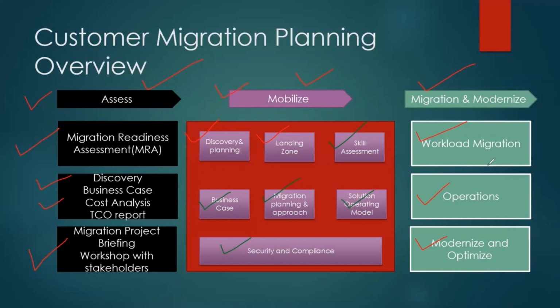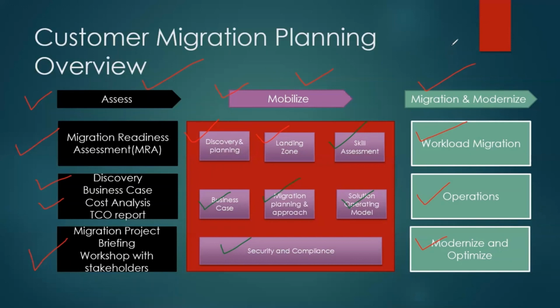So that is how you understand the basic concept, how customer migration planning overview and approach is done. Based on various phases: phase one assessment, then mobilize, then after that migration and modernization of the infrastructure.